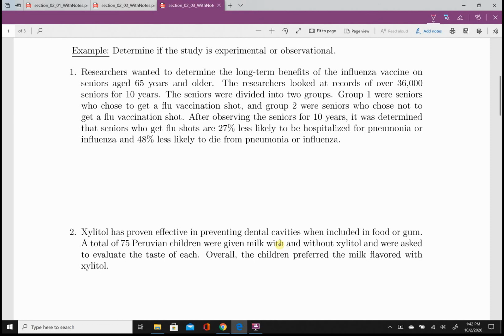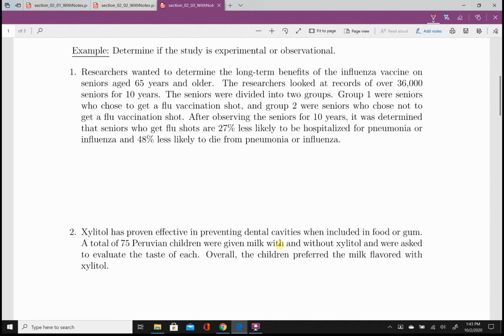The seniors were divided into 2 groups. Group 1 were seniors who chose to get a flu vaccination shot, and Group 2 were seniors who chose not to get a flu vaccination shot. After observing the seniors for 10 years, it was determined that seniors who get flu shots are 27% less likely to be hospitalized for pneumonia or influenza and 48% less likely to die from pneumonia or influenza.